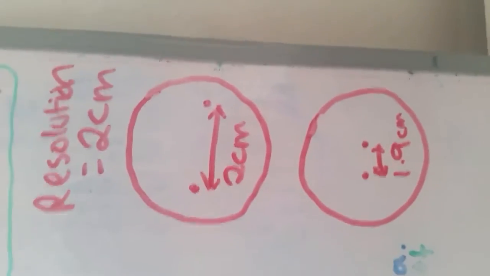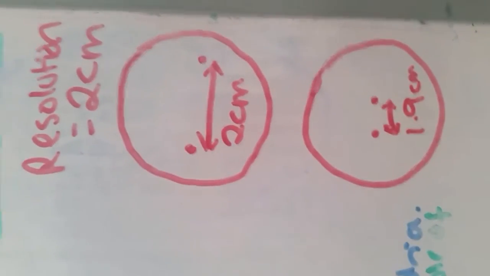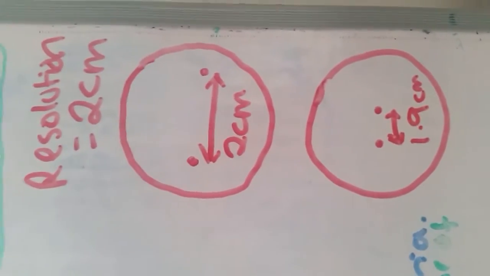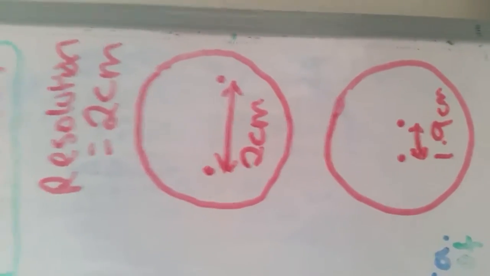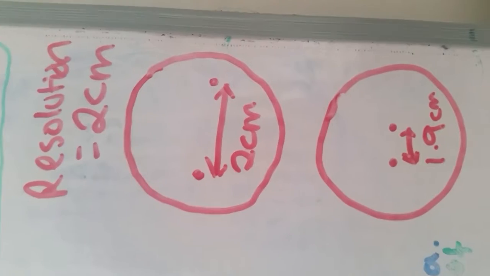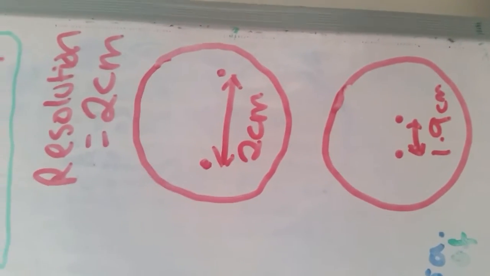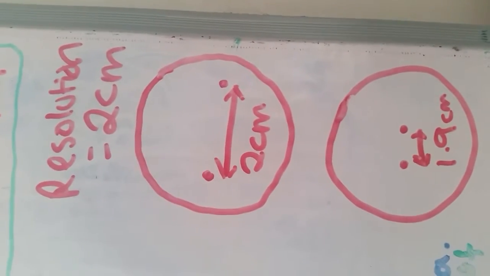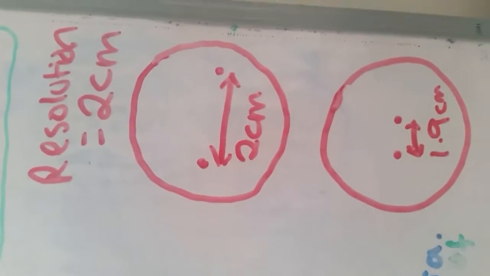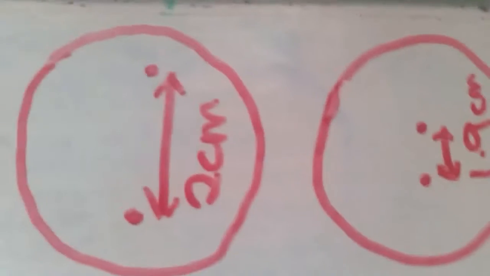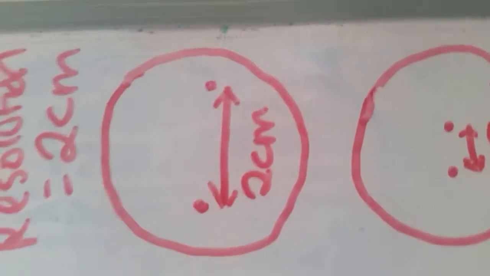Now, just one more thing about resolution, because it does seem a tiny bit harder. Resolution is always fixed. So of a certain lens, the resolution is fixed. It's just the distance between the 2 points which can be different. For example, if the resolution is 2 centimeters, that basically means that if the distance between the 2 points is more than 2 centimeters or 2 centimeters, it can still be seen as 2 points, like shown here.